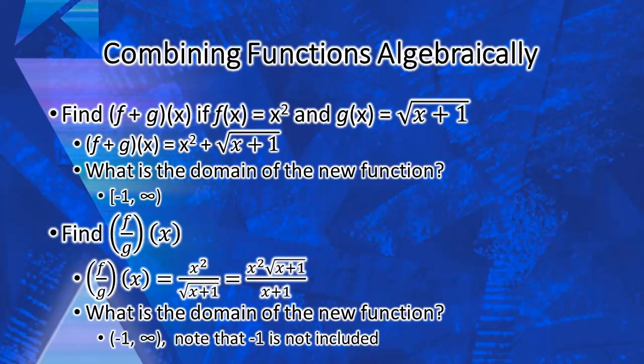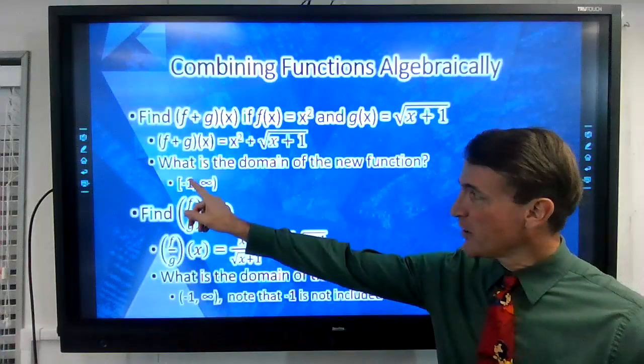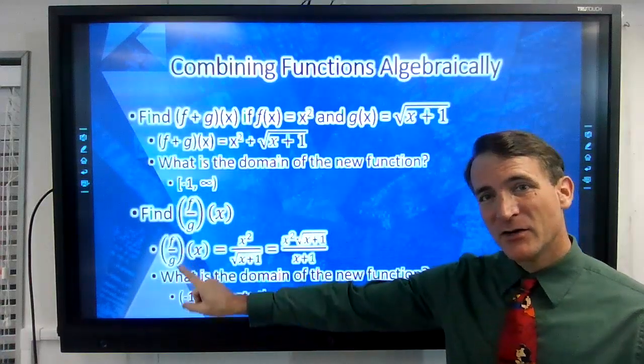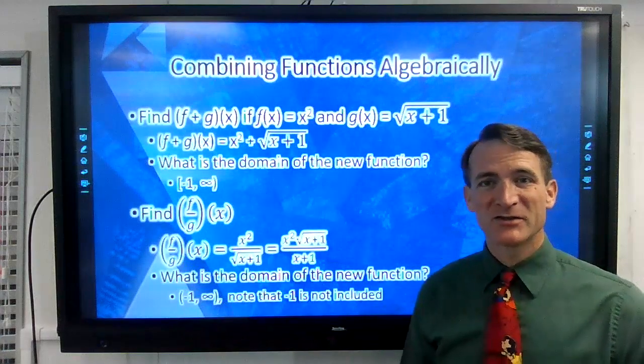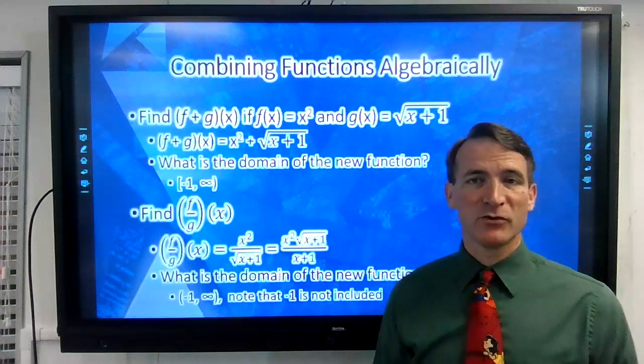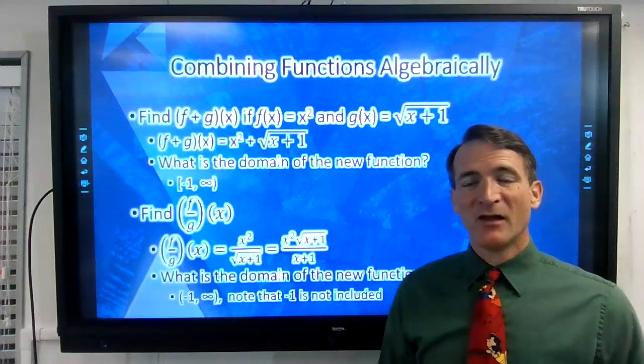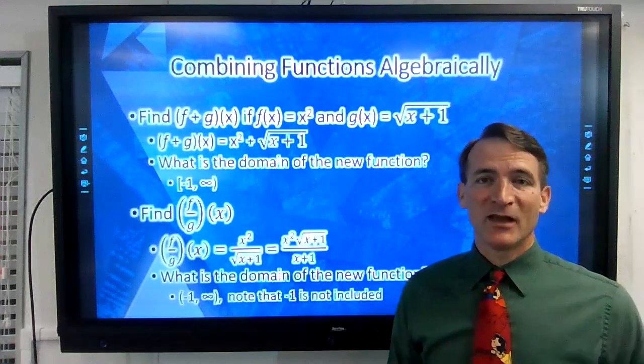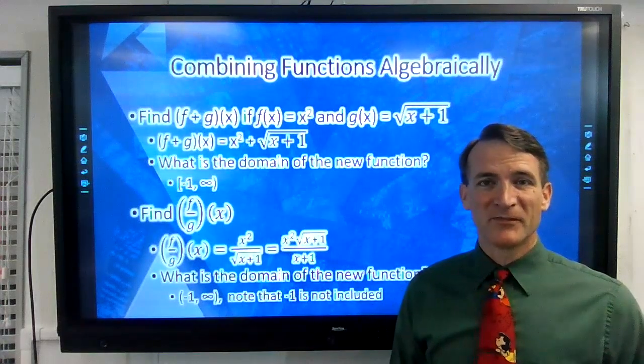So my new domain is now -1, not including that value, all the way up to infinity. So you'll notice that up here I had the bracket, down here I have the parentheses, because this -1 value is no longer capable of being included in my function. If I were to do that, I'd get something that would be undefined.